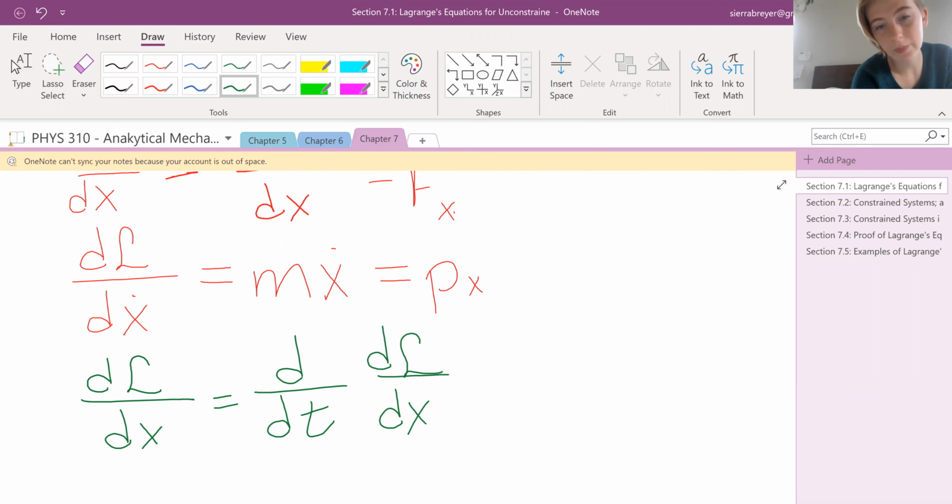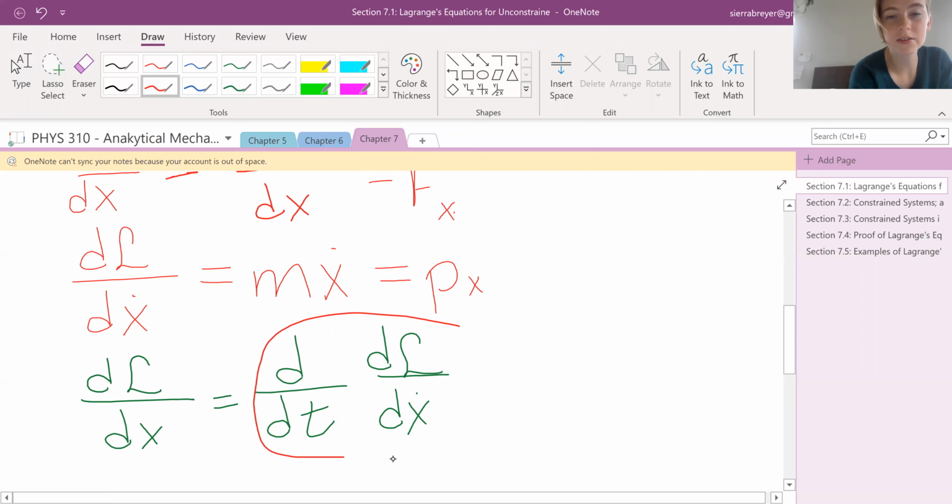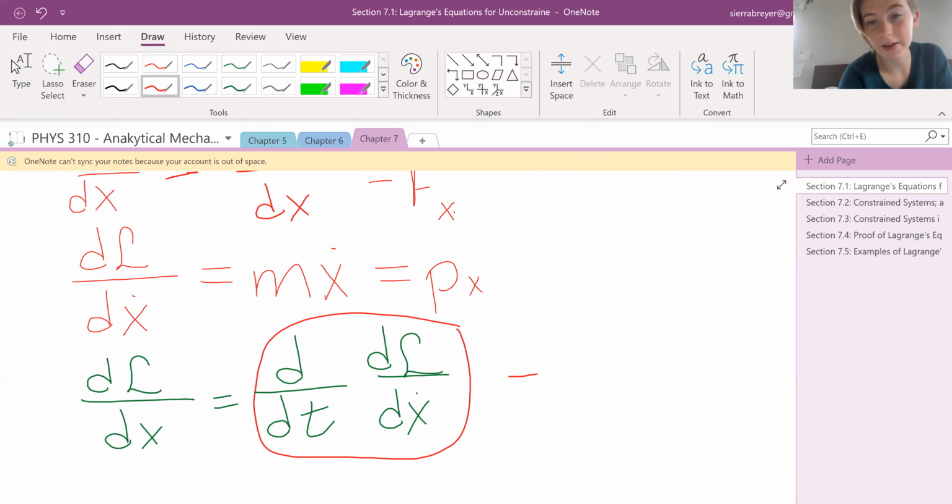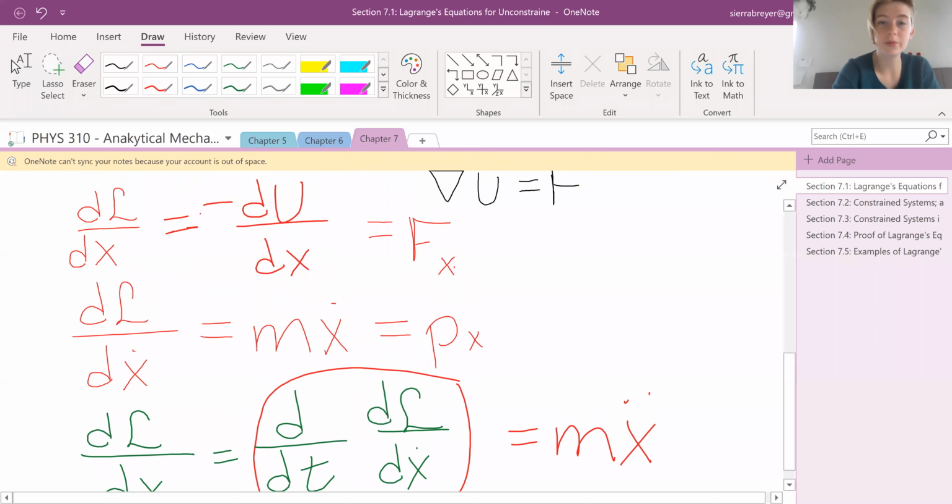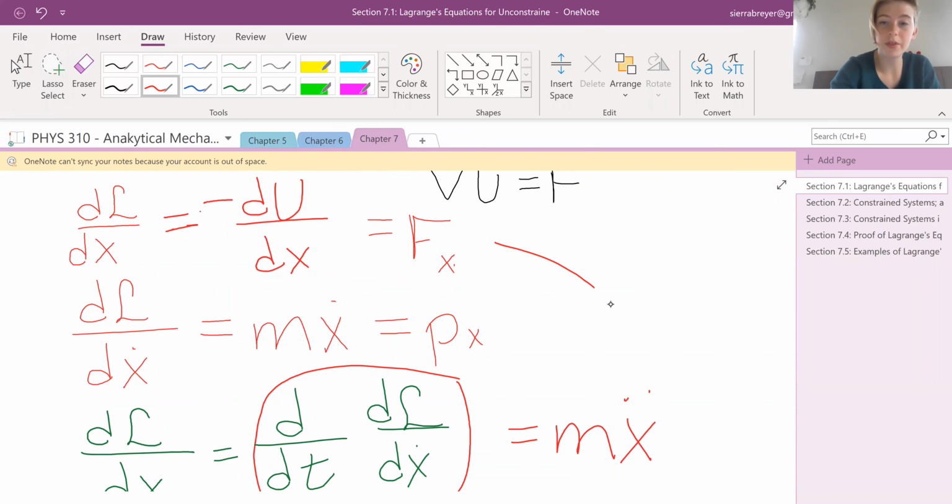So what happens next is in this equation, when I take this, I get m x double dot, which is the force, which is good because we really want it to equal this, and it does. So happy days, everything's good.